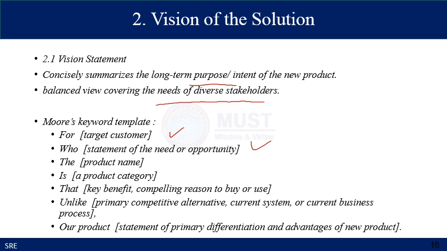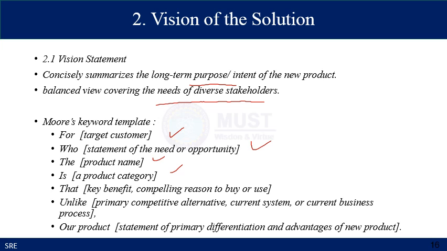And then you can specify what you are going to build by the product name and what the category of the product is. And then you can briefly summarize the key benefits and compelling reason to buy or use your product, and you can give a one-line comparative analysis that, unlike this product which is primarily competitive to the alternative, the current system or the current business product.